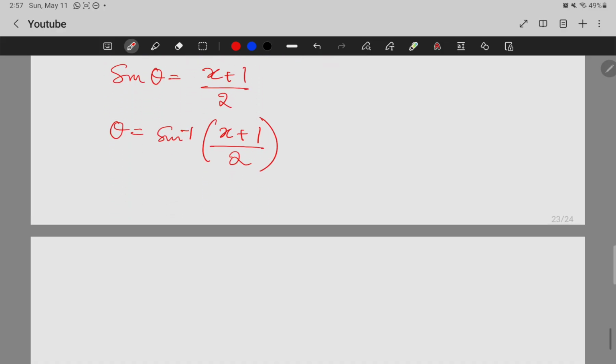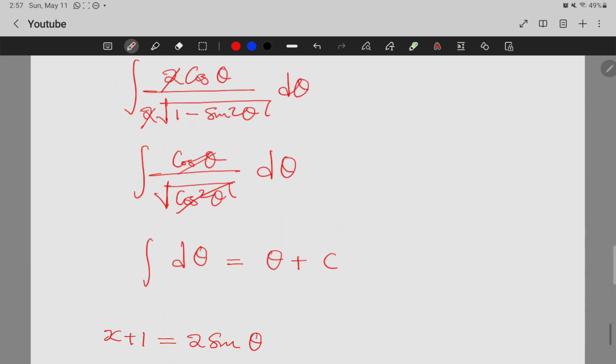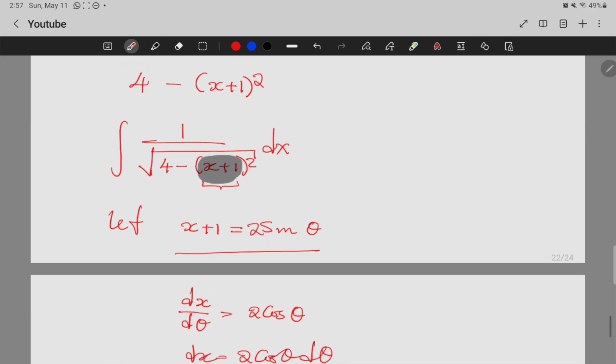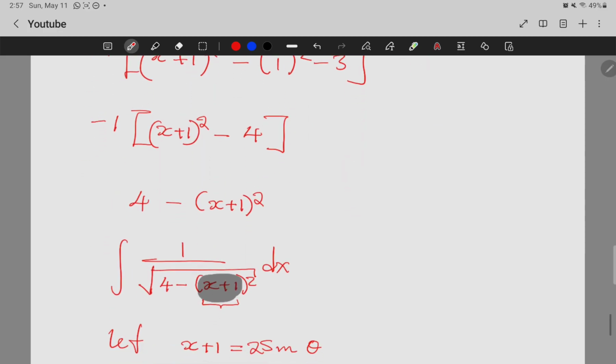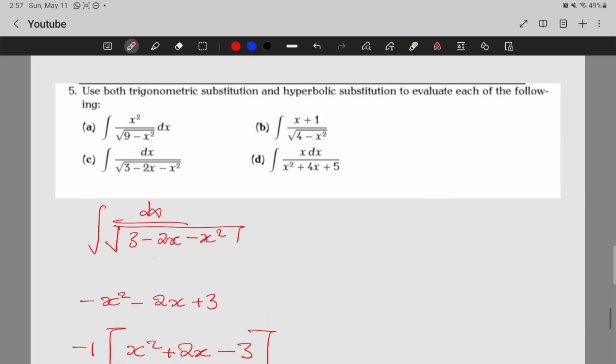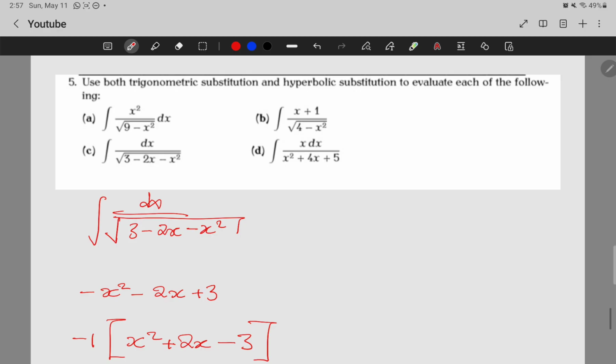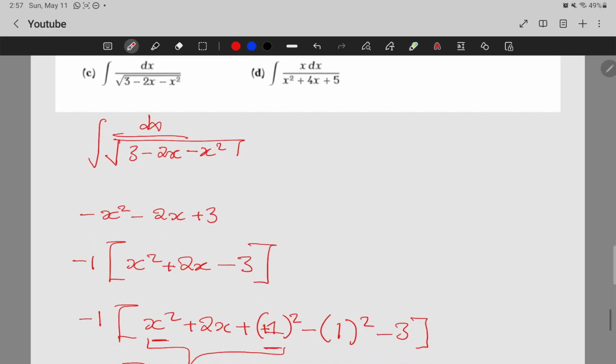So our integral, the integral of dx over that, was 4 minus, and that was 2x minus x squared. I think this is what we had. Where is it? It was this. It was 3. Oh yeah, that was minus x squared.